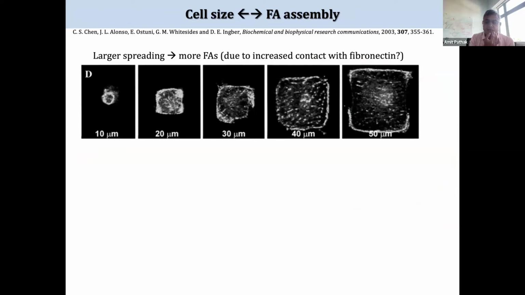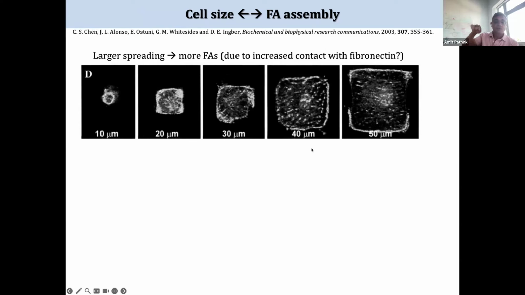Next, I have selected a set of experiments to illustrate some basic properties of adhesions. So let's look at this observation here. This is from a paper from Christian when he was a trainee, actually. There are these patterns, 10 micron, 20 micron, 30 micron, 40 micron, 50 micron patterns.